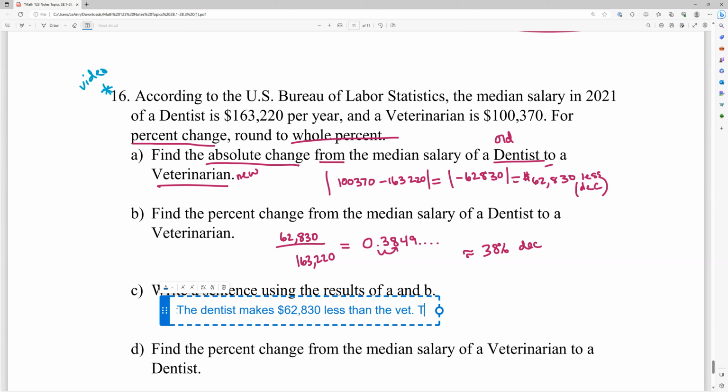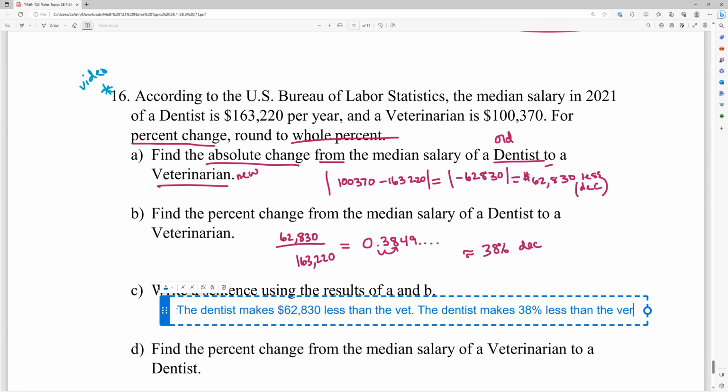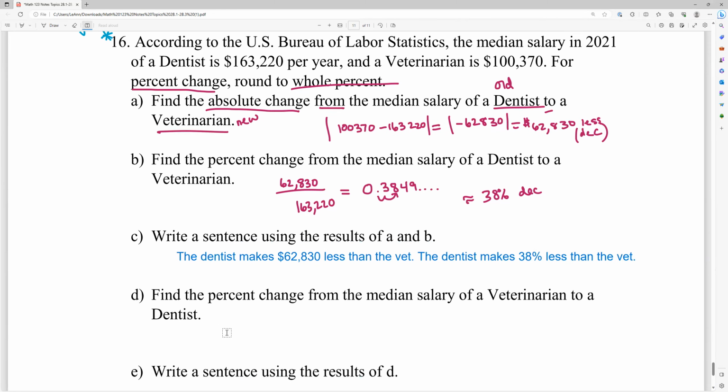Another way we could say that is the dentist makes 38% less than the vet. Okay. Let's look at the next part.